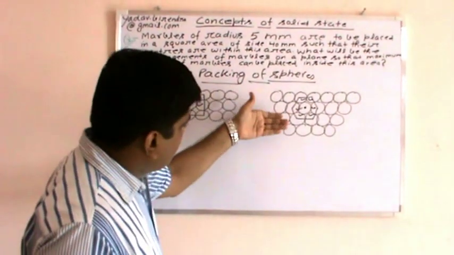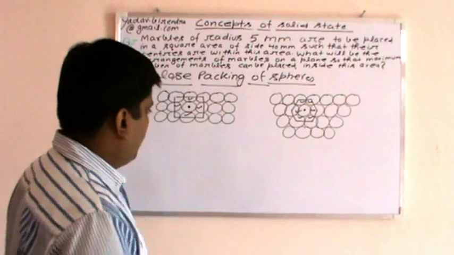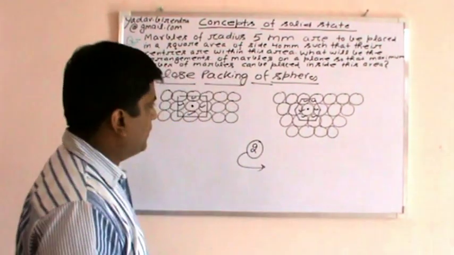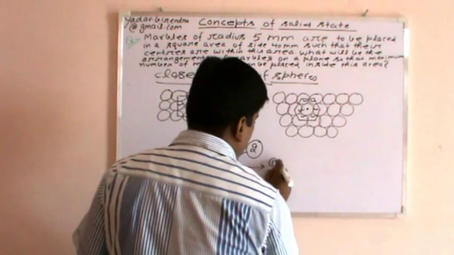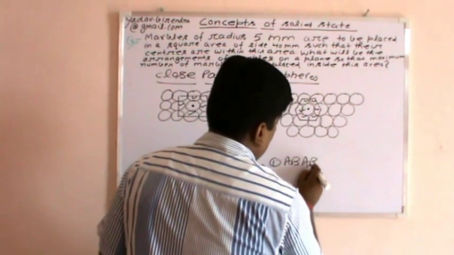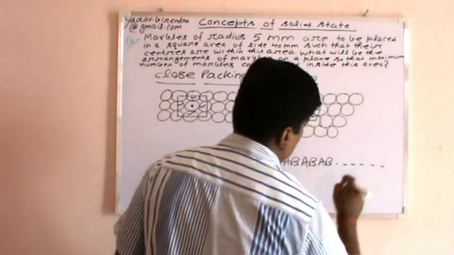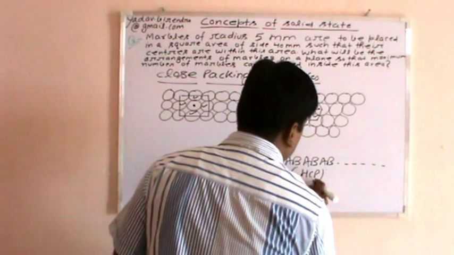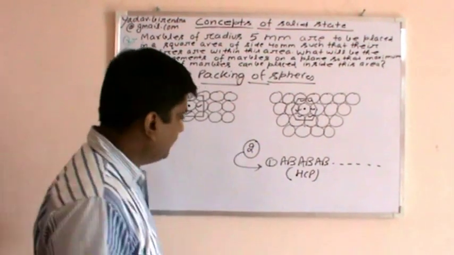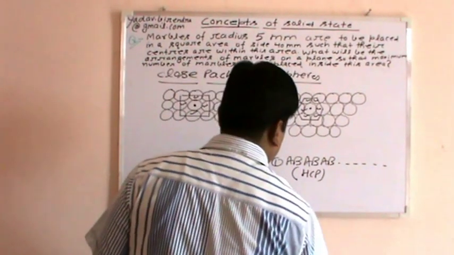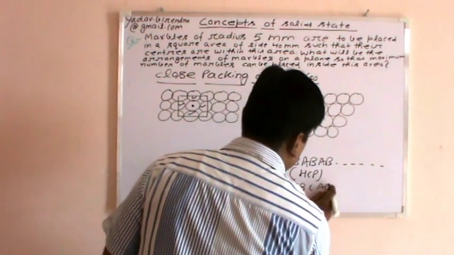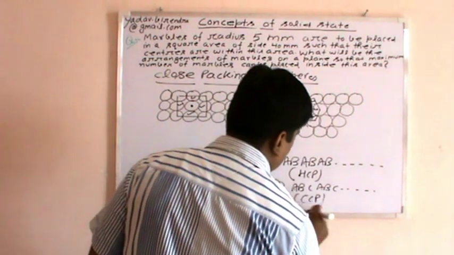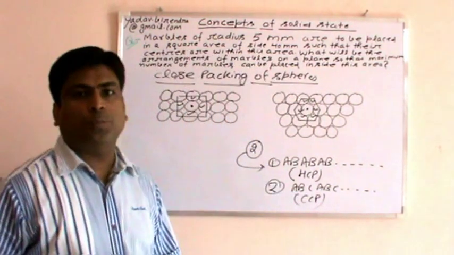Now if we extend this structure three-dimensionally, two close packings have been observed. One is called AB type of packing. Alternatively, it is called HCP, hexagonal close packing, and the other is ABC packing. Alternatively, it is called CCP, cubic close packing.